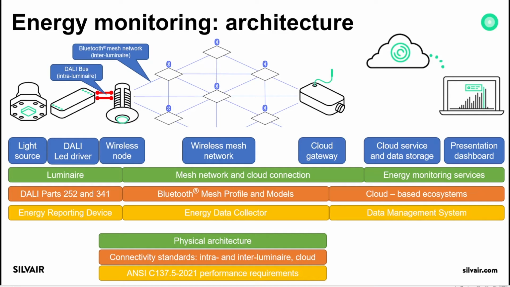Now, the yellow color bars at the very bottom represent the nomenclature as it is used in the ANSI C137.5 standard, which I mentioned relates to performance requirements. Two important things to mention here. The ANSI standard defines the so-called ERD, or energy reporting device, and in our case this is a luminaire.